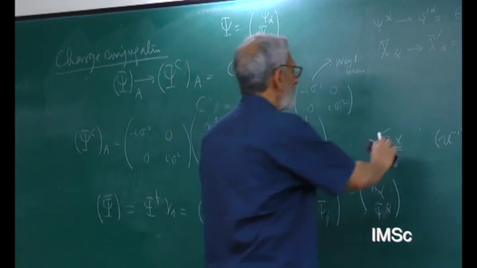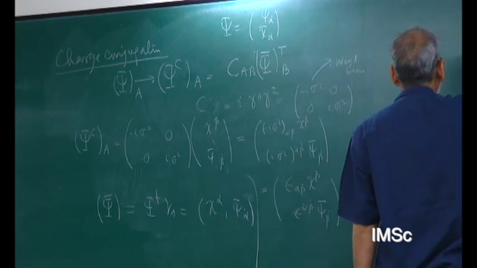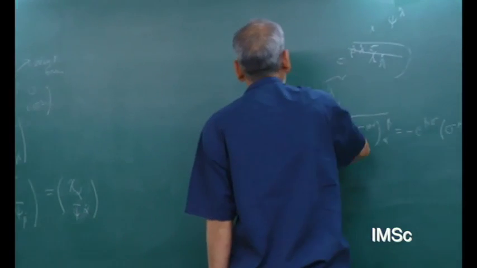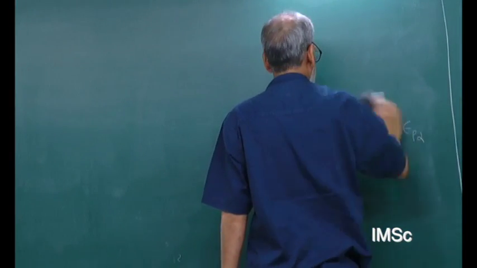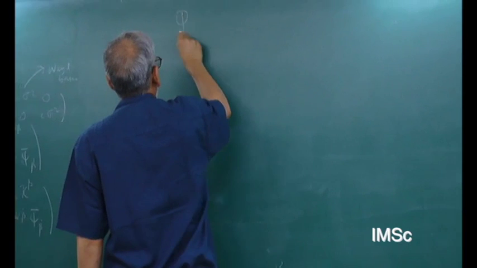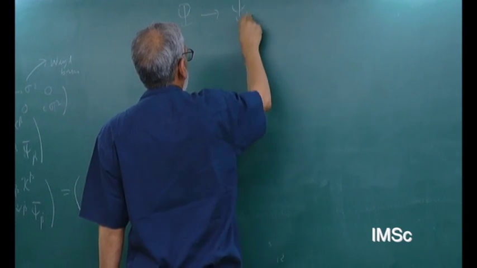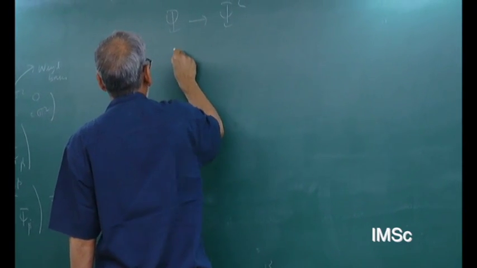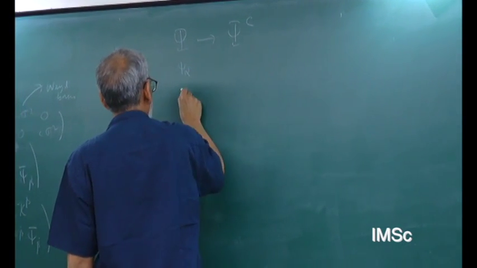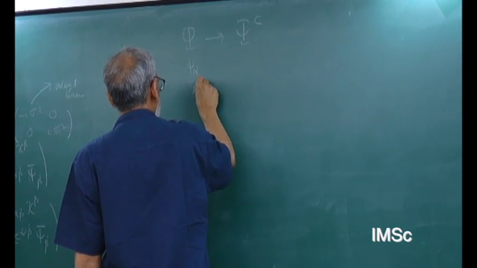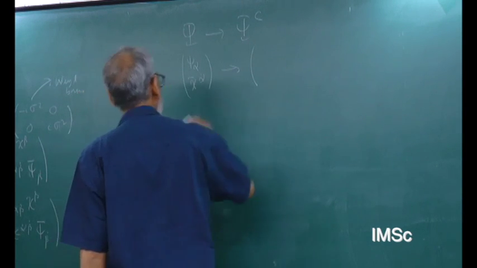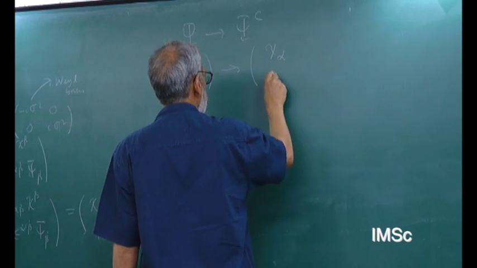So what does charge conjugation do now in our language? Charge conjugation takes the 4-component Dirac spinor to its conjugate. The Dirac spinor here was psi alpha down, chi bar alpha dot up, and it goes into chi alpha, psi bar alpha dot.